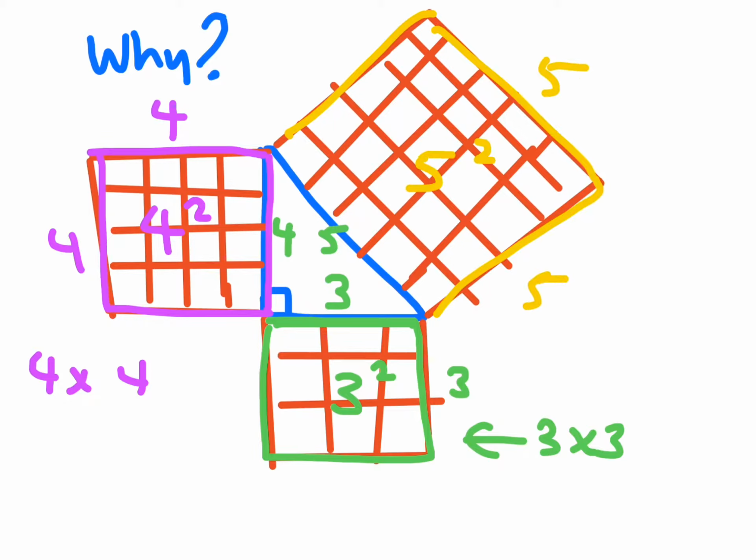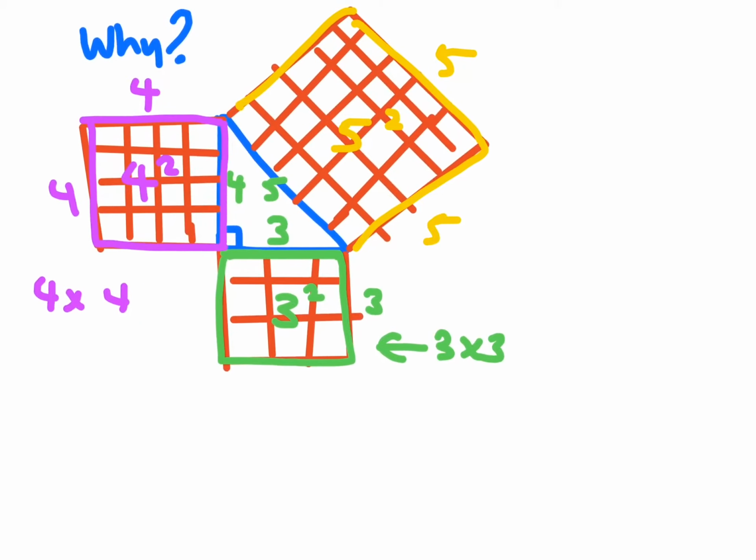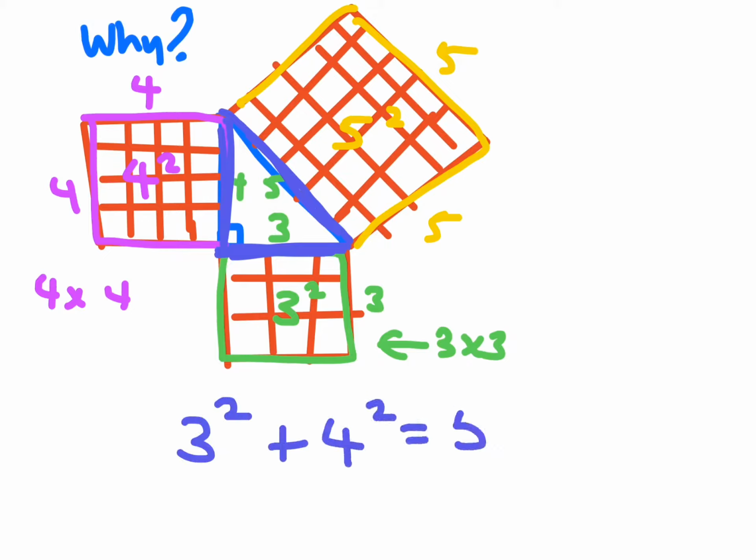which is 5 squared. Now, the interesting part is what Pythagoras realised: if you had a right angle triangle and you drew the squares with the side lengths of each side of the triangle, including the hypotenuse, then 3 squared plus 4 squared would actually equal 5 squared.